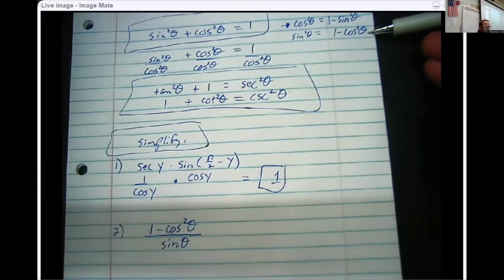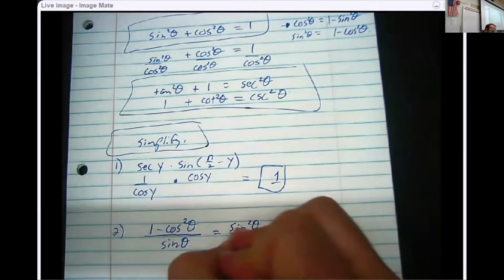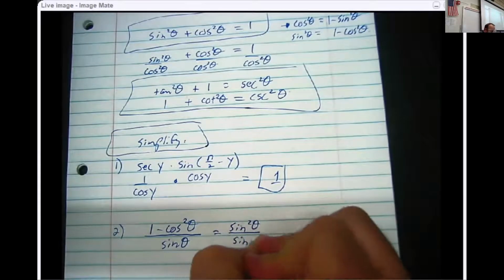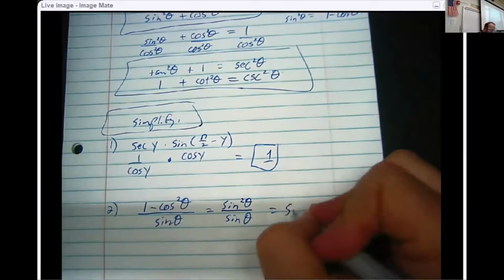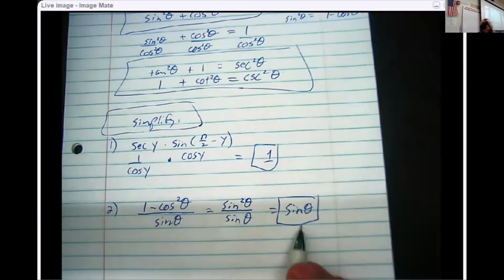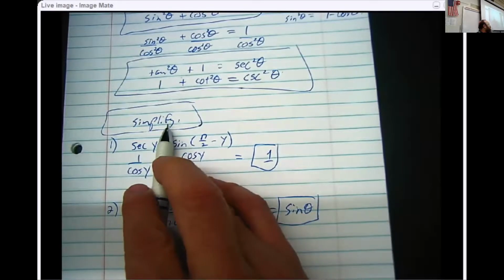The 1 minus the cosine squared was sine squared. So guys, what would the sine squared divided by the sine be? Sine. Is this right here that I put up easier to look at than that? My directions again are to simplify.